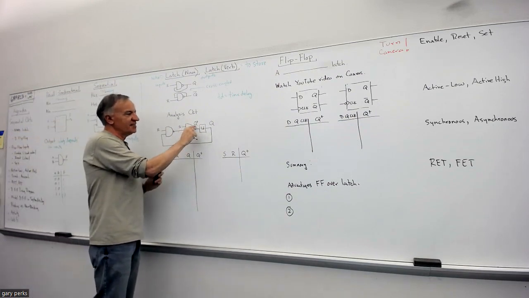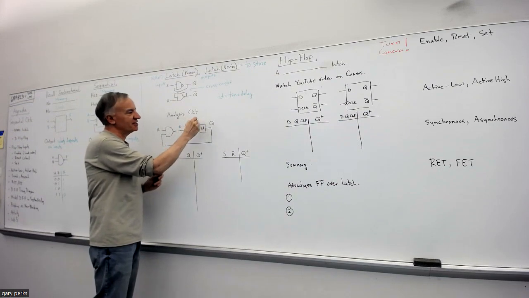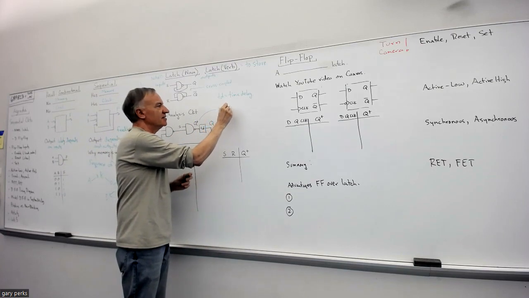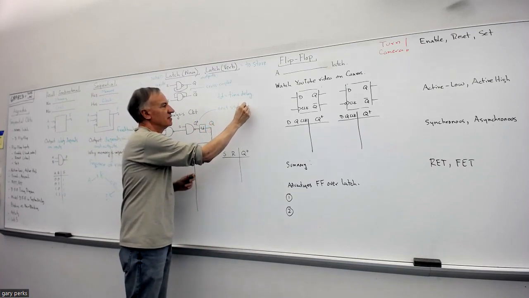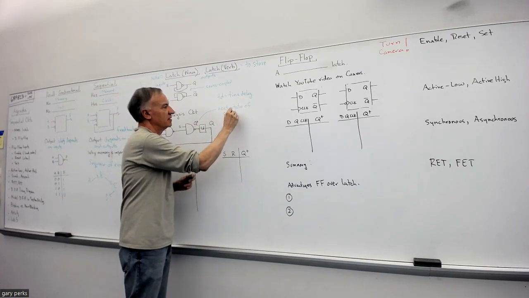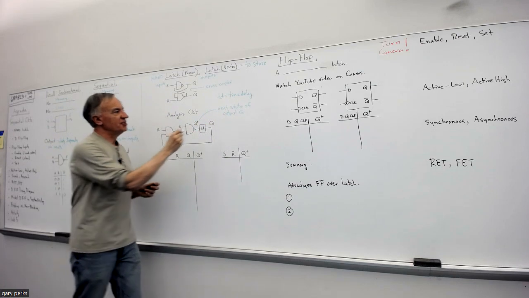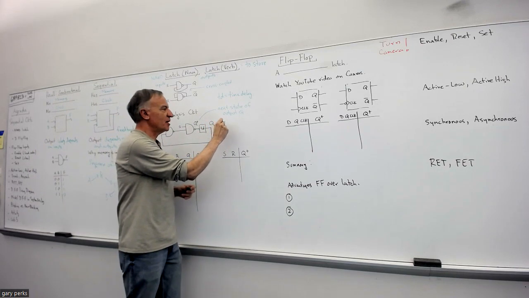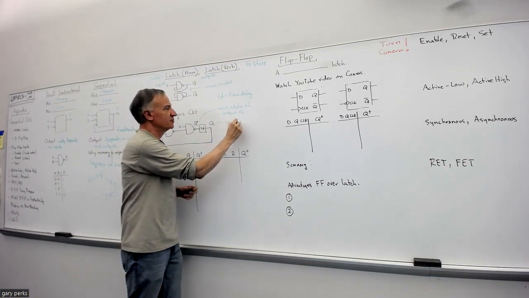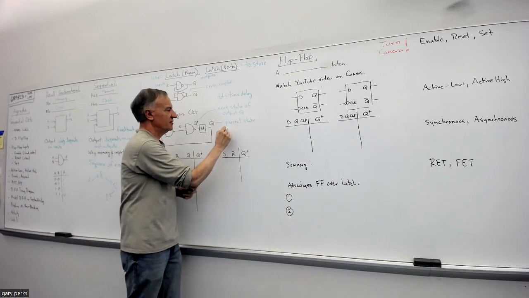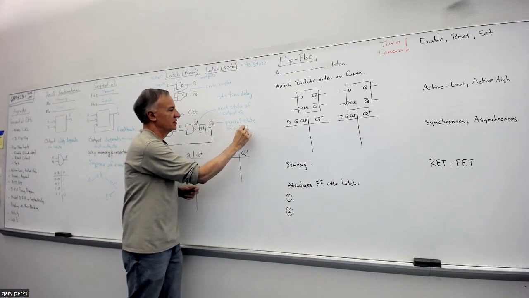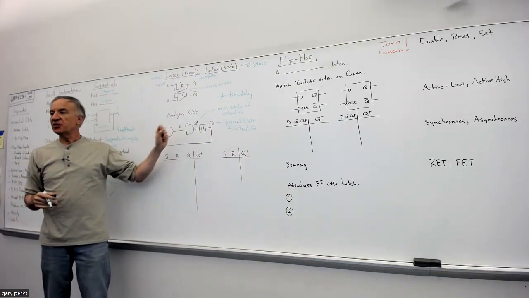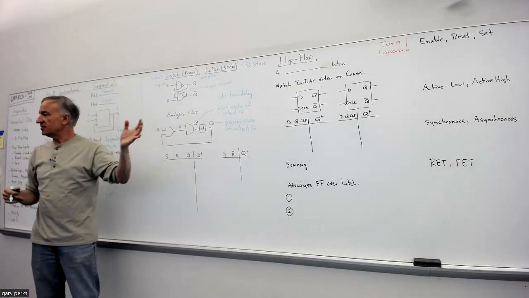And then on this side of the time delay, the Q plus stands for the next state of output Q. And then just Q, which is on the other side of this time delay box, is representing the present state of output Q. So Q is what the Q output is now. Q plus is what the Q output is going to be.